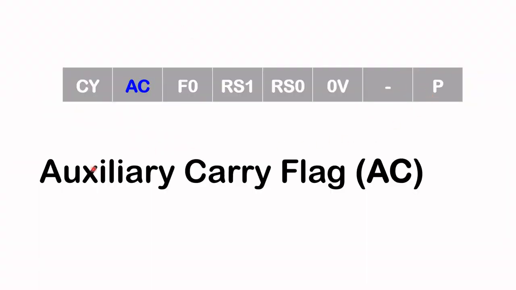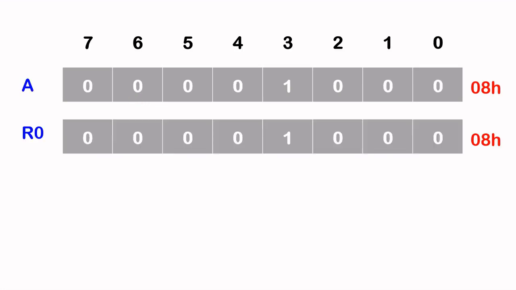Okay, next up is the auxiliary carry flag, AC, and that is this bit here in the PSW register. Again, I'm going to make use of register A and register R0. I'm going to copy 08 hexa into A, and translate that to binary.